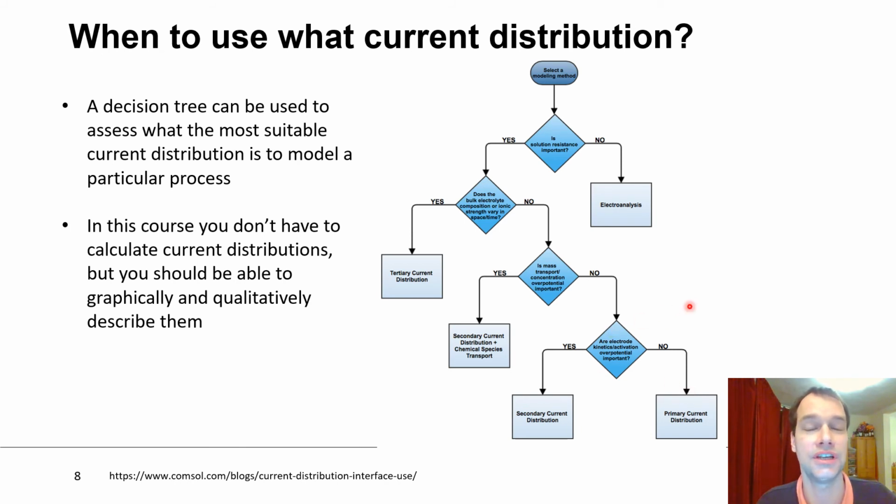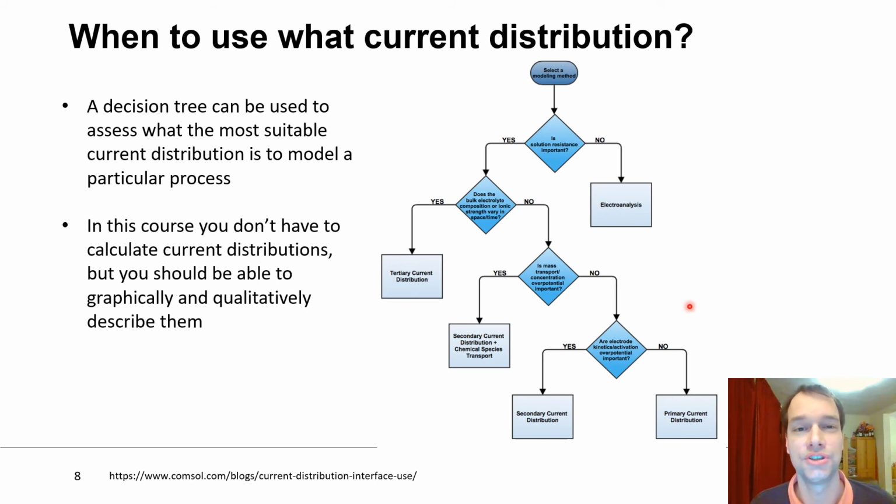Then move towards the secondary current distribution, and spot if there are any significant differences. And then based on that, conclude whether it's really needed to calculate these more complex current distributions, or whether the primary current distribution already gives you enough information.